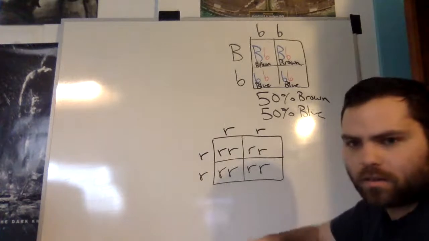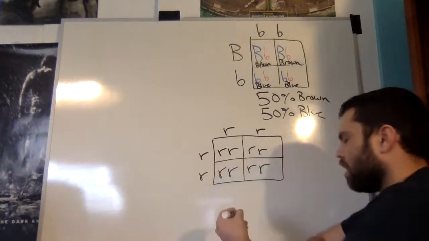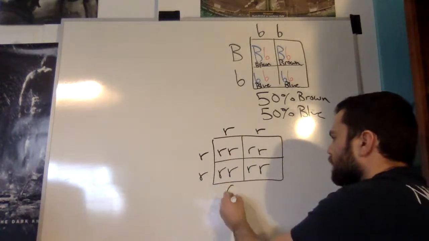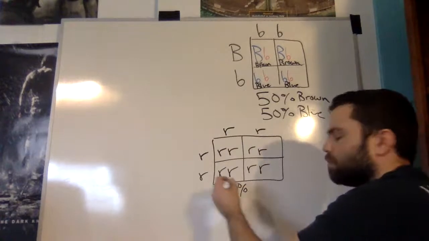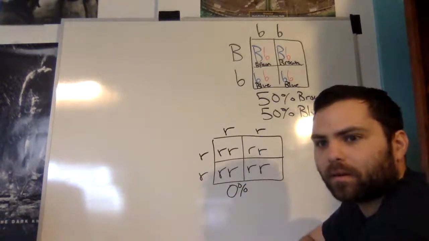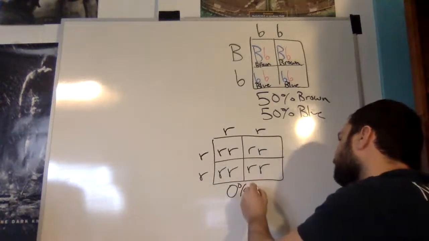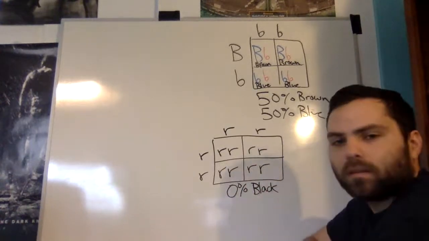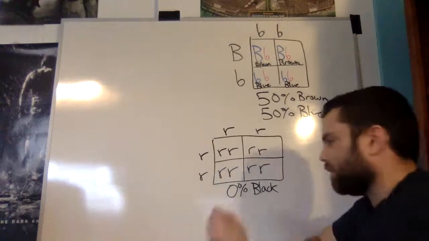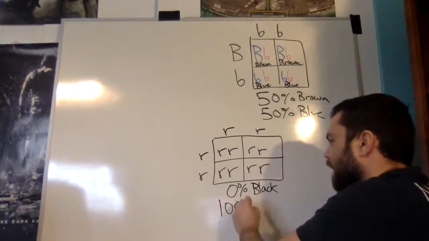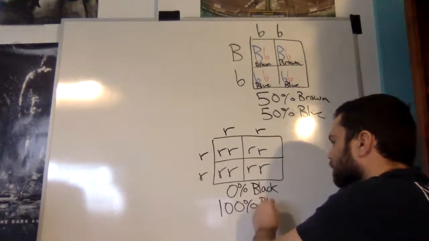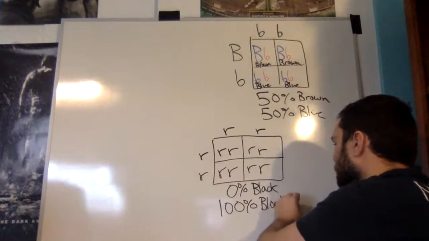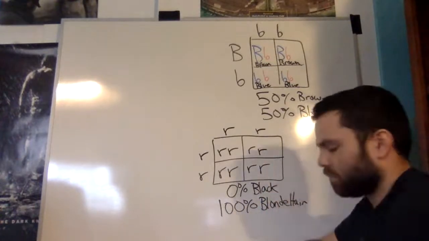Any uppercase letters? No, right? So you have a 0% chance, and since black hair is dominant, okay? 0% black hair. Most likely, you're going to have a 100% chance of having blonde hair, okay?